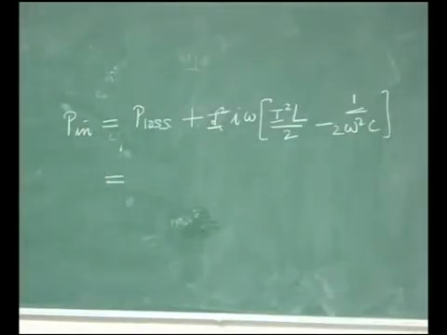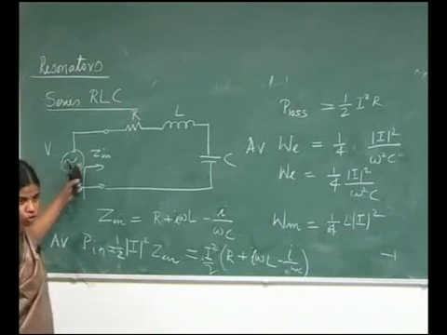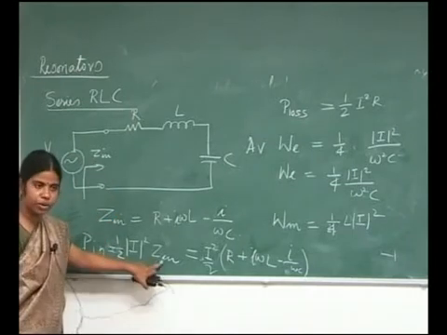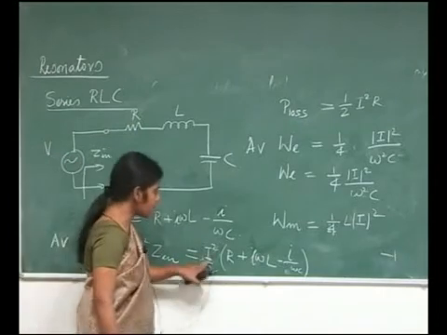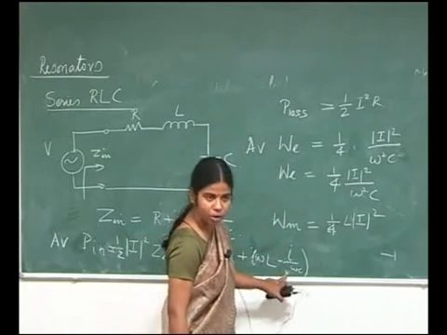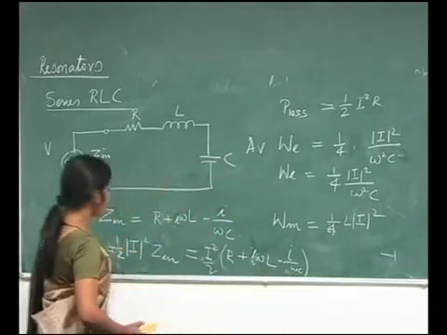Okay, is there a confusion? Let us start from here again. See, average power given by this source to the input circuit per cycle is 1 by 2 I square into input impedance. That is equal to I square by 2 into R plus j omega L minus 1 over omega C. Now I can write, this is input power.